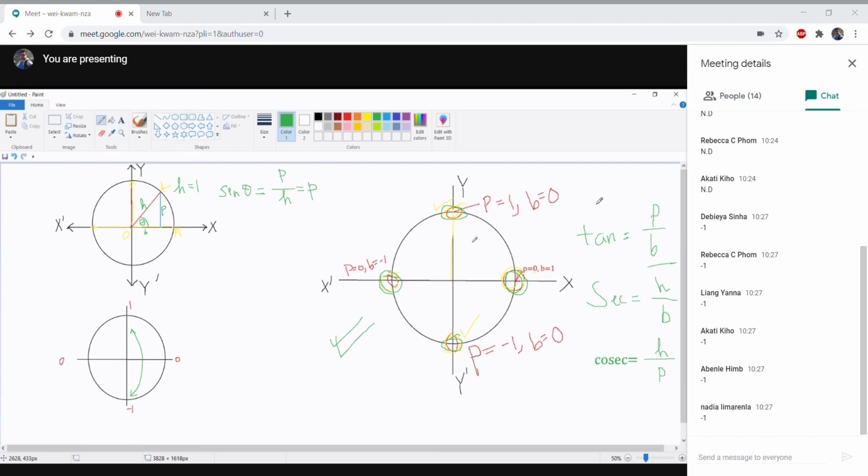Sorry for the emergency call. So what I was talking about: you can see that the sine value from here to here is increasing from -1 to 1, and from this side to this side it is 1 to -1, right?